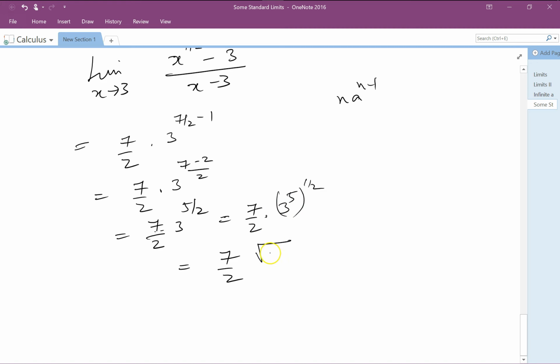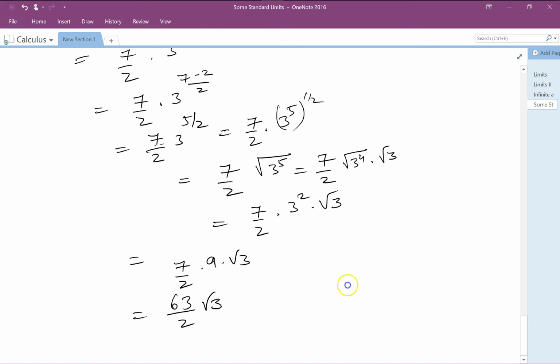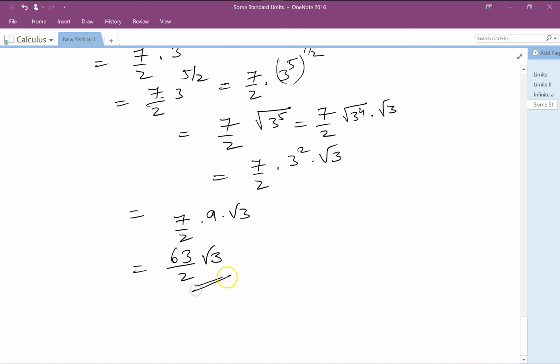Remember, this can be written as 3 to the power of 5, which means that it can be written as square root of 3 to the power of 4 times square root of 3. So which means that this becomes 3 square root 3. So this becomes times 9 root 3. 9 times 7 is 63 by 2 root 3. So this is the limit.